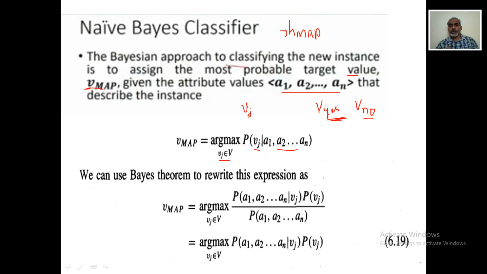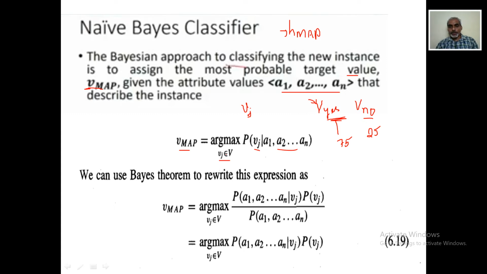So this is how we rewrite the equation: V MAP is equal to argmax. If the probability of yes is 75% and the probability of no is 25%, then obviously you can classify that new instance into the yes class with respect to the Naive Bayes classifier.